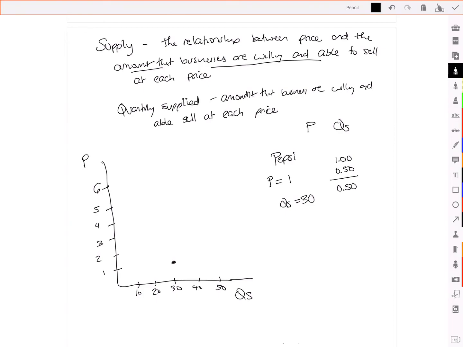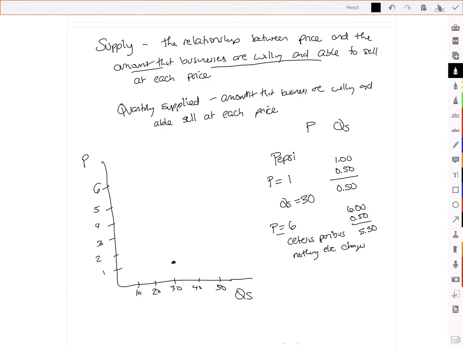Okay. Now, what if the price of Pepsi goes up to $6? Now, we're assuming ceteris paribus, that is, nothing else changes. The only thing we're changing is the price. So we're assuming the cost to make a Pepsi is still 50 cents. So now the profit they're making is $5.50, right?